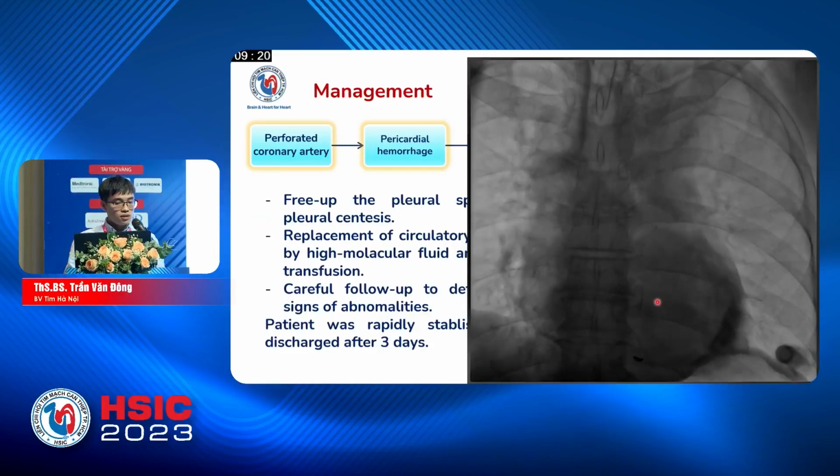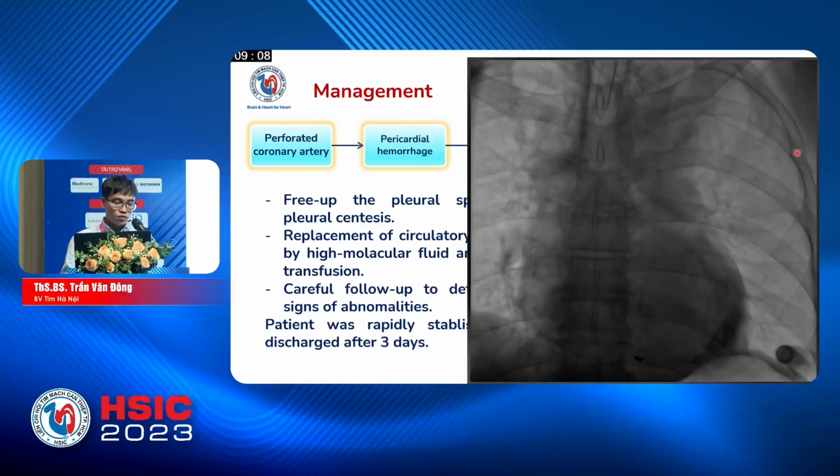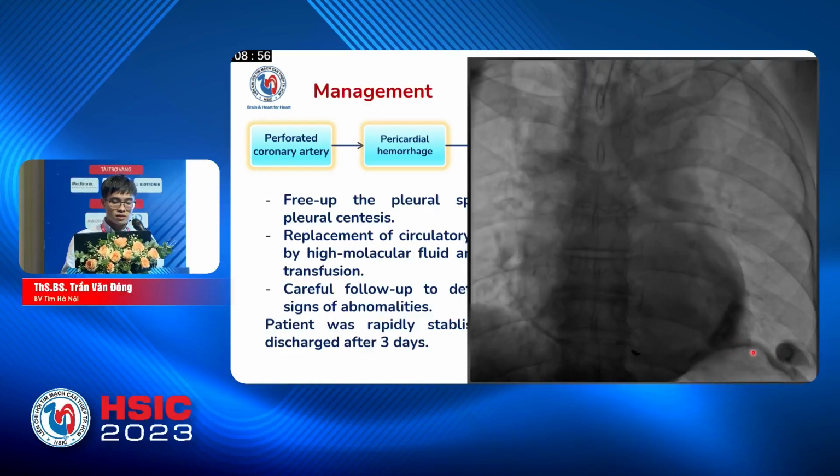And that is the image when we fully drained the pleural space. When the pleural space is out of free fluid, it kind of has a negative pressure. And then we can see here a flow from the pericardial space to the pleural space.